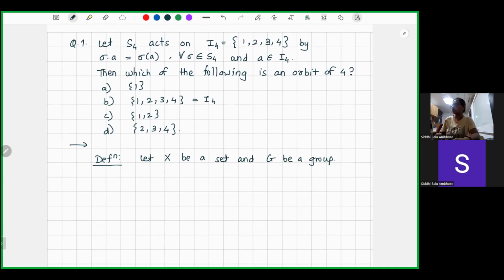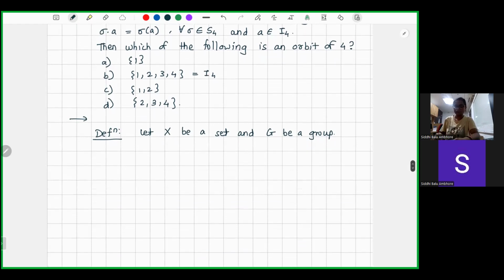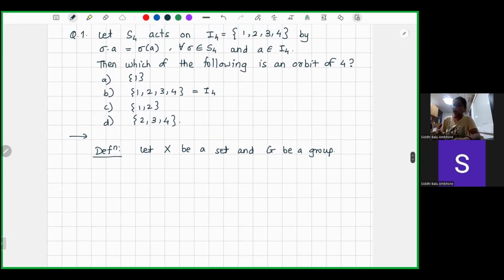We have these two objects with us, and an action of G on X is a map. Let us call this map phi from G cross X to X.